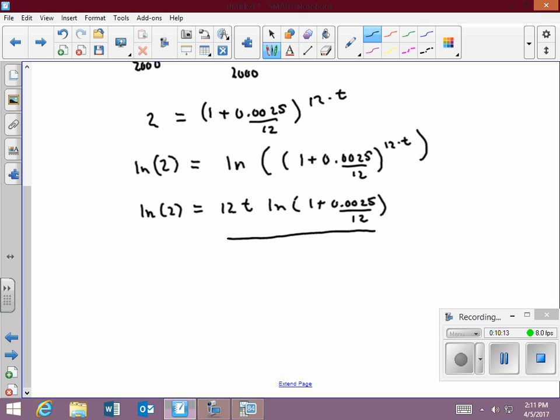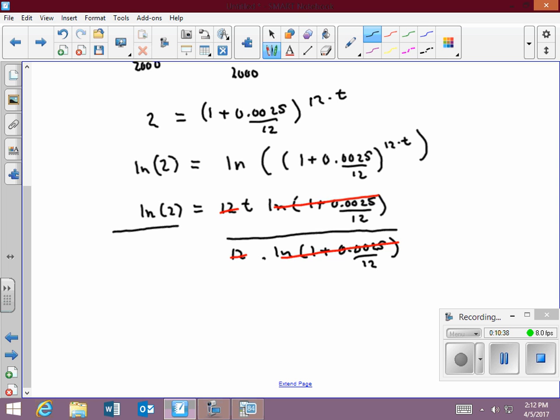Okay, divide both sides by the 12, right? So the 12 goes out. And the ln of 1 plus, see this would cancel out. That's just a number, right? And that would cancel out. So I'd have to do the same thing over here.